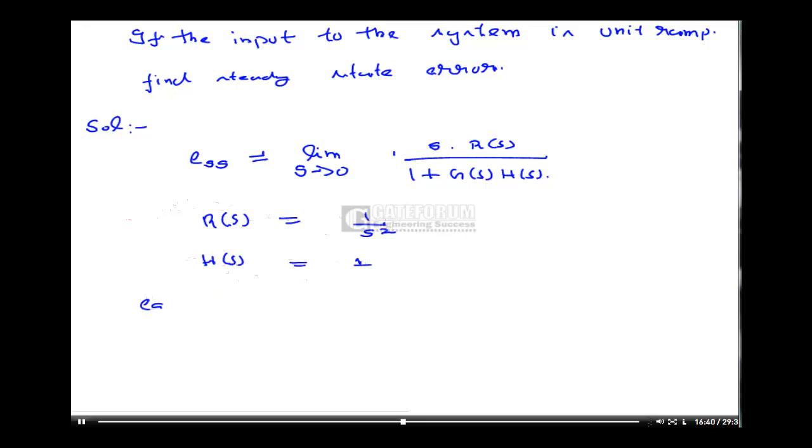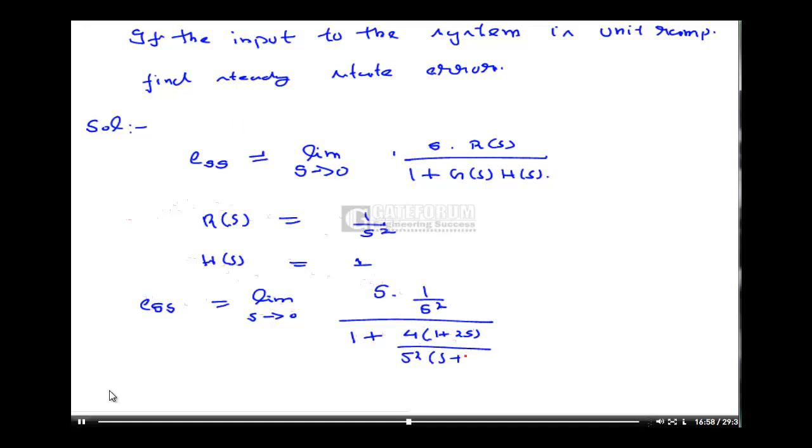Thus ess can be written as limit s tending to 0 of s into 1 by s square upon 1 plus 4 times (1 plus 2s) upon s square into (s plus 2) multiplied by 1. Okay, so this gets cancelled with this.